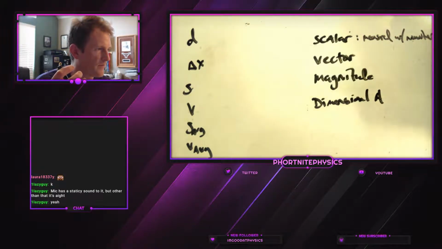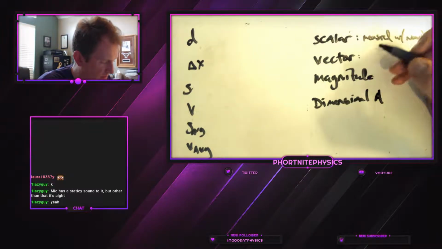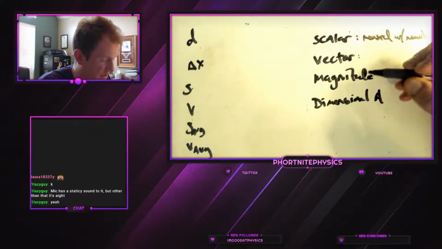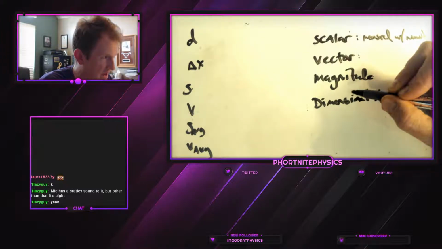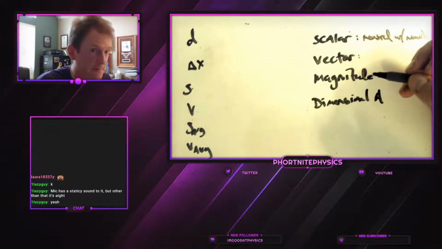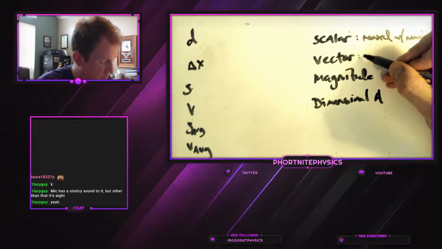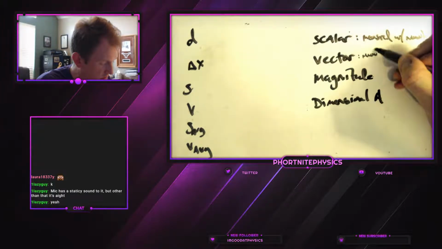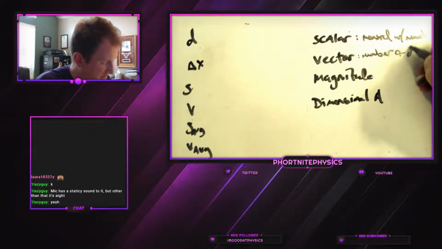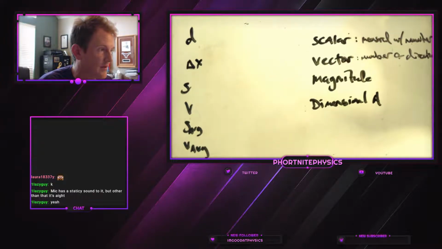Measured with a number, okay? Now, that number you're measuring your scalars with is actually its magnitude, but we'll talk about that in just a second. Our vectors are measured with a number and a direction. Okay, number and direction.